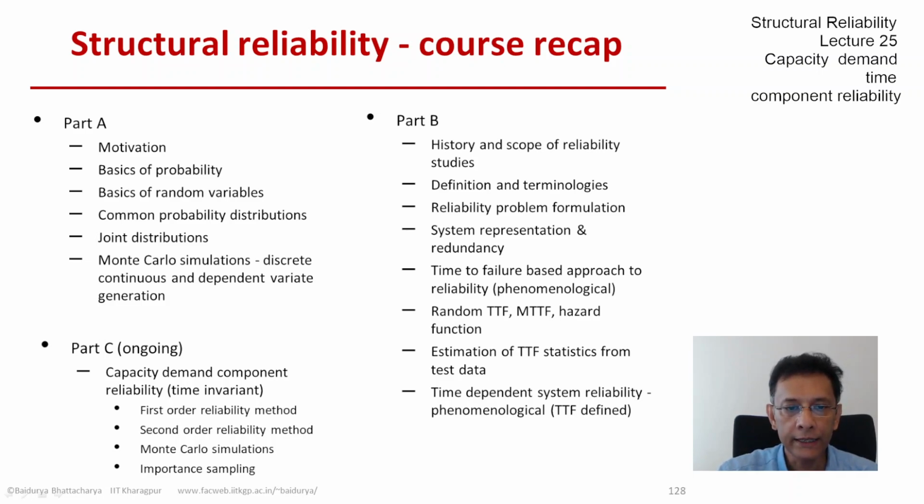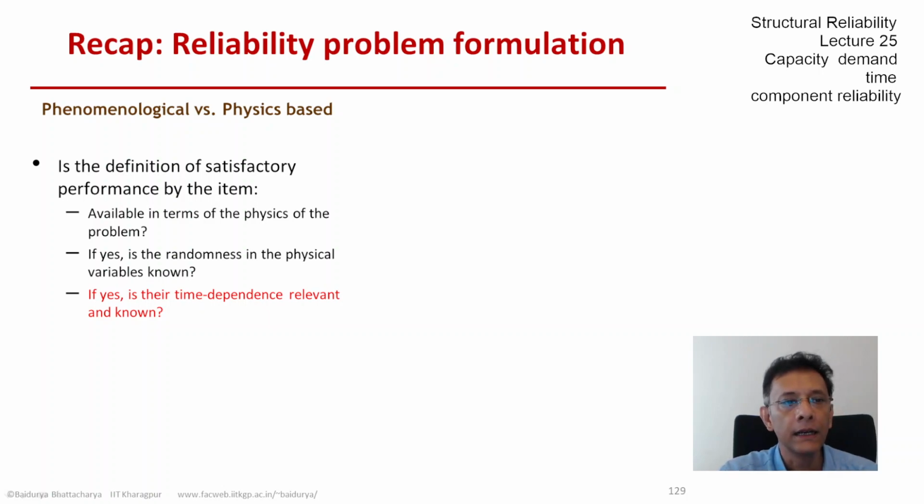So let's just recap for a second how we defined this capacity, demand, physics-based approach to reliability. If we have available the definition of failure or the limit state in terms of the underlying physics, in our case the mechanics of the problem, and we know the randomnesses of the physical variables involved, and particularly if there is any time dependence, we know the relevant time variation, either random or deterministic.